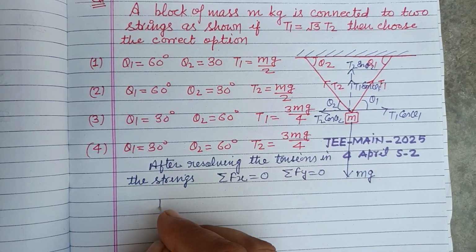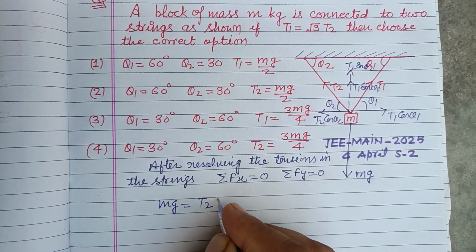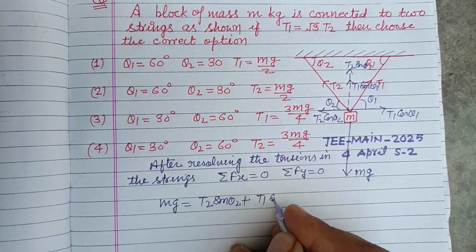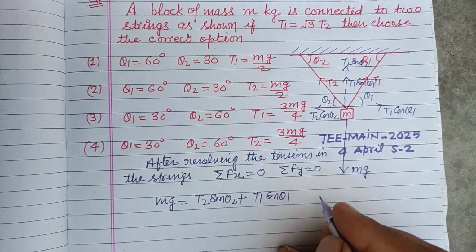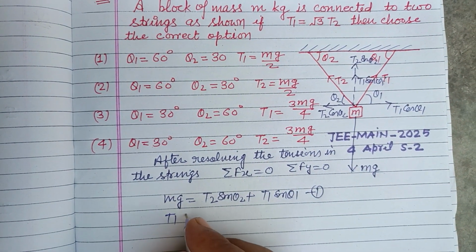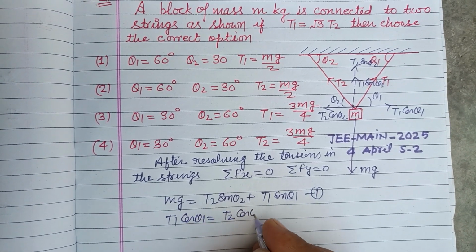So here mg equal to T2 sin theta 2 plus T1 sin theta 1. This is our first equation, and from this, T1 cos theta 1 equal to T2 cos theta 2.